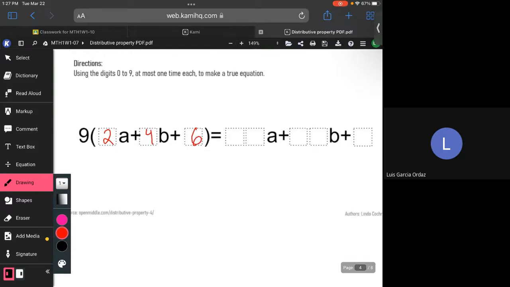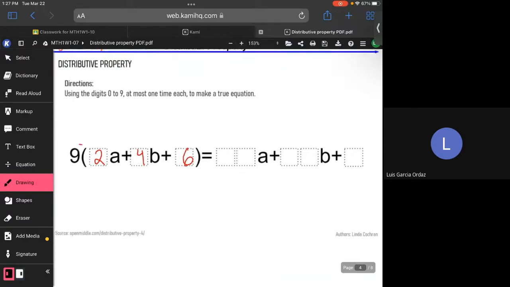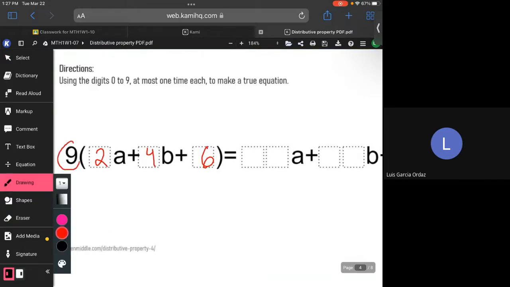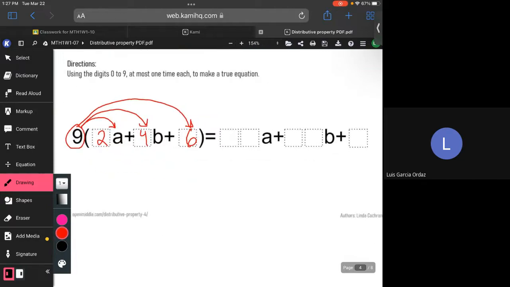So same idea applies. You're going to take the monomial 9. You're going to take this 9 and you have to distribute it into each term inside your bracket. So you're distributing it to the 2A, to the 4B, and to the 6. So what is 9 times 2A?